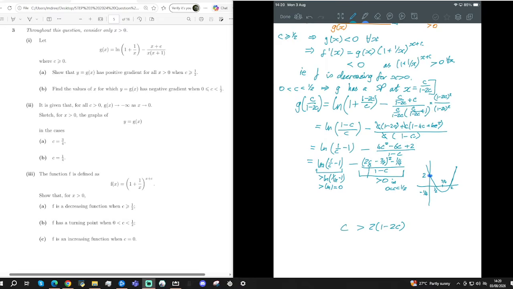Now it feels like this stationary point can be as far along as it likes. If I just put an N here, C would be greater than N over 2N plus 1. And this thing is always slightly smaller than a half. So the point of that is I can always, no matter what integer, or any value, I could have pushed the stationary point further beyond that value.